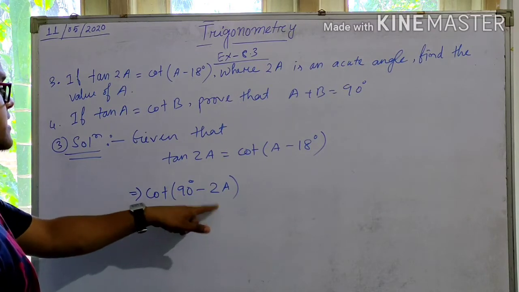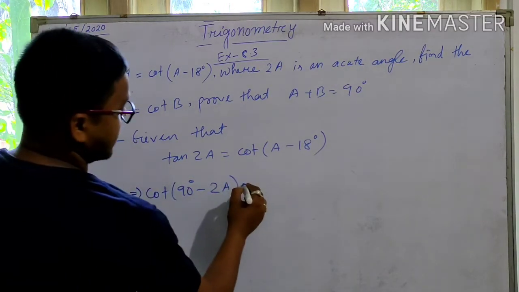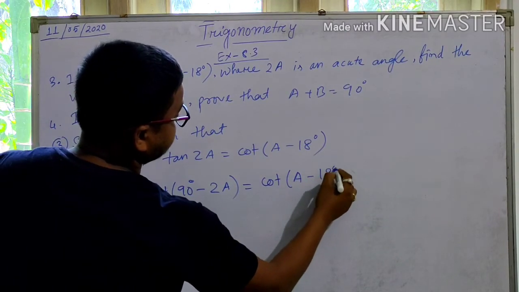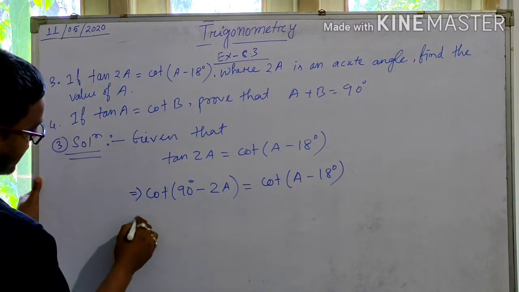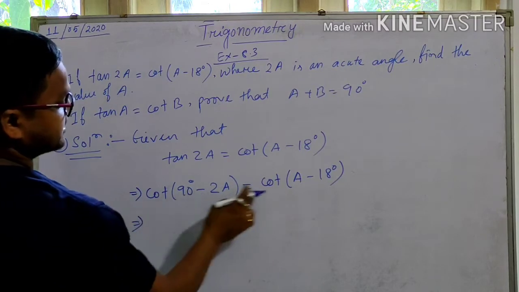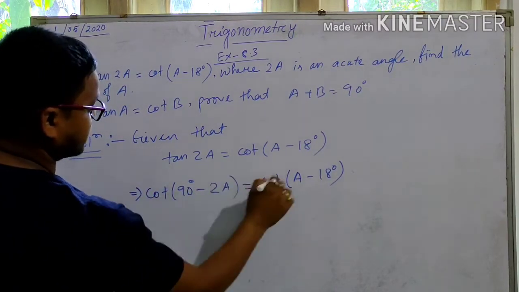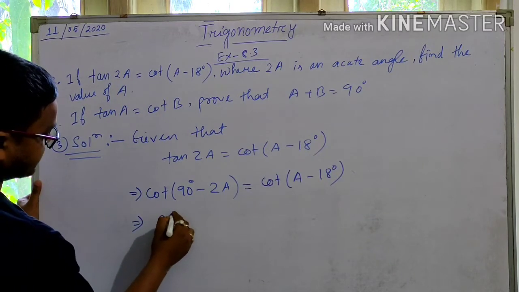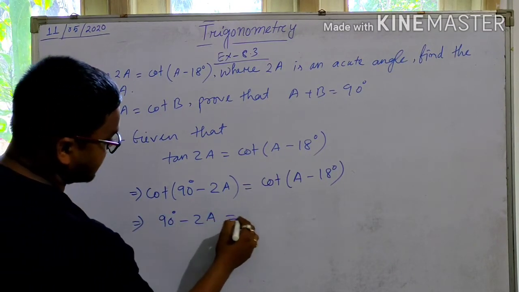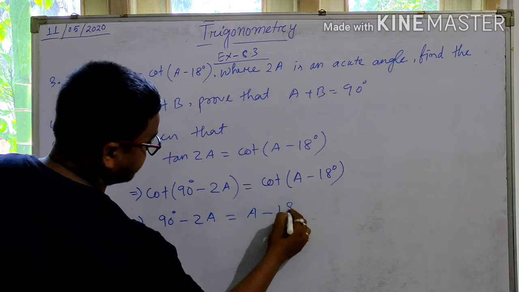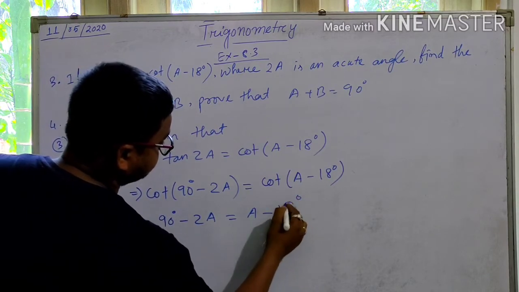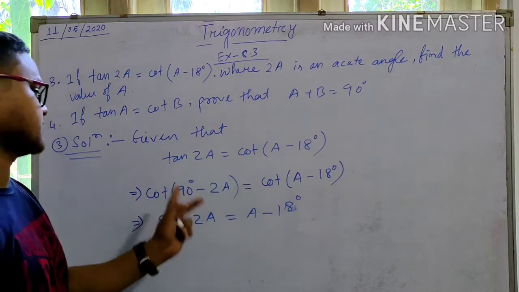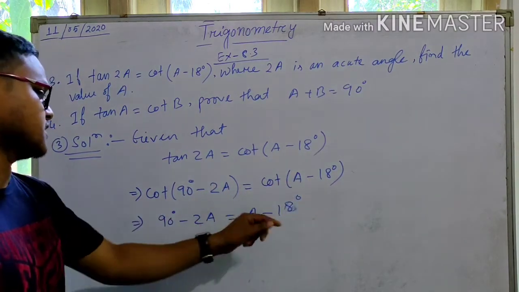Cot 90 minus twice A is equal to tan twice A, and in the right hand side this is cot A minus 18 degree. Finally you see both sides are cot, so these two are cancelled, and we will get 90 minus twice A equal to A minus 18 degree.